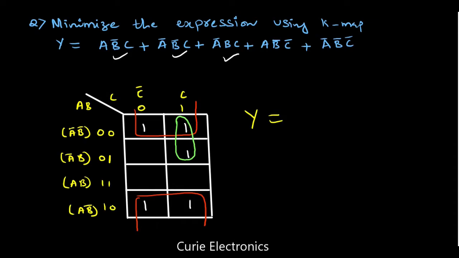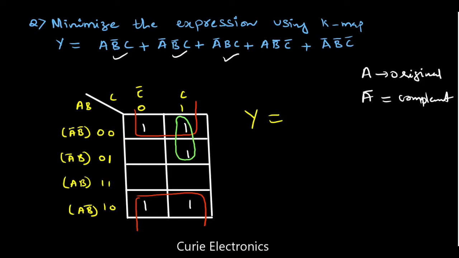When we take 2 rows, if there is original form and complemented form, that is, if A is the original form and A bar is the complement, they cancel. So when you consider this row and this row, it is 0 0 1 0.